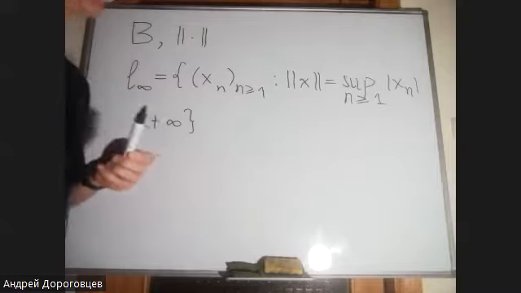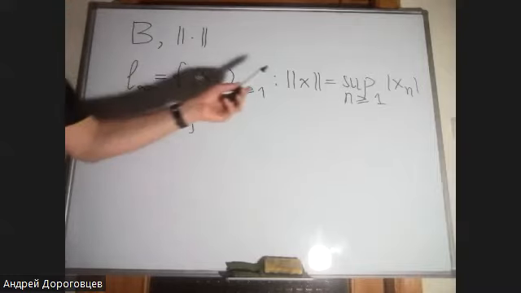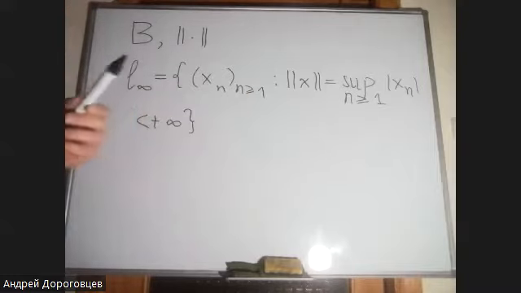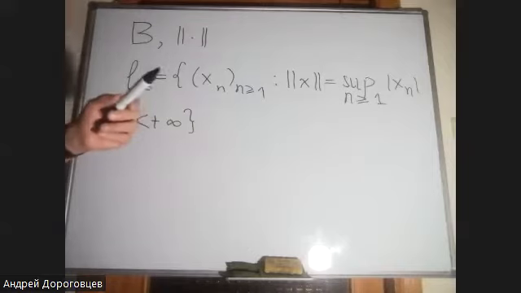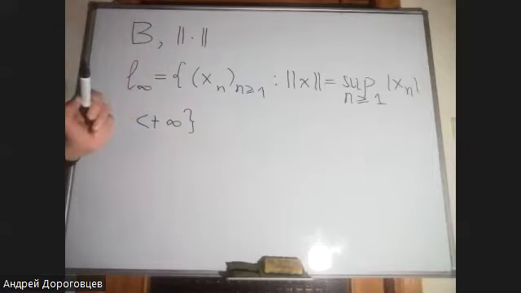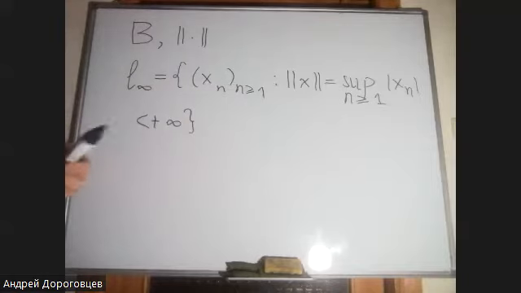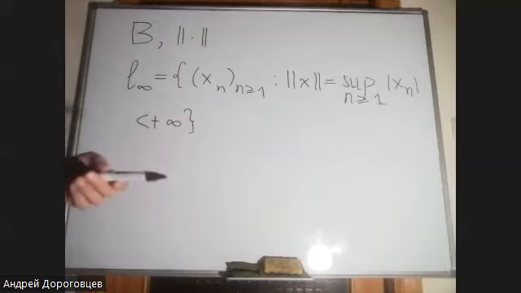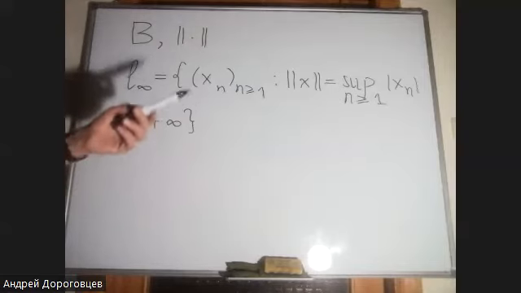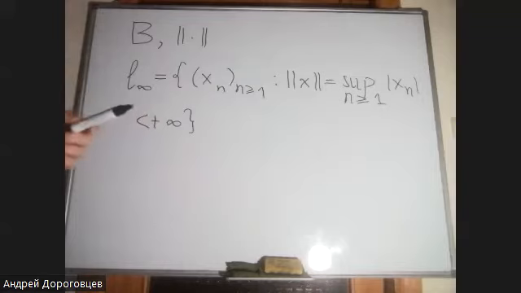Why is it so? Because this norm corresponds to uniform convergence on the whole set of coordinates. So a uniform limit of bounded mappings is also a bounded mapping.